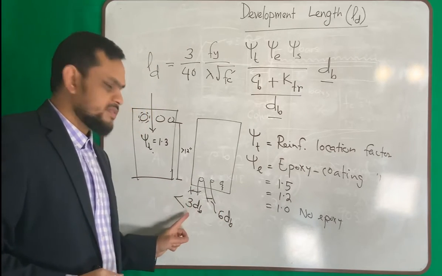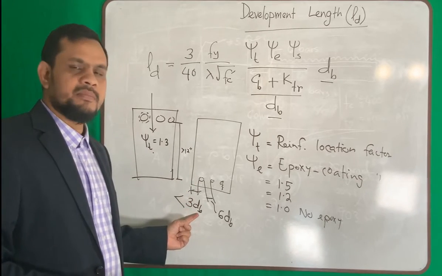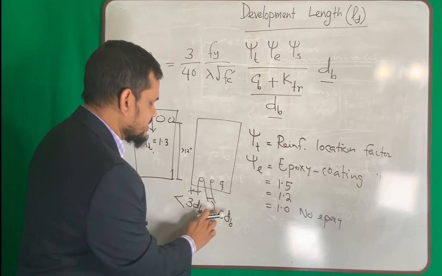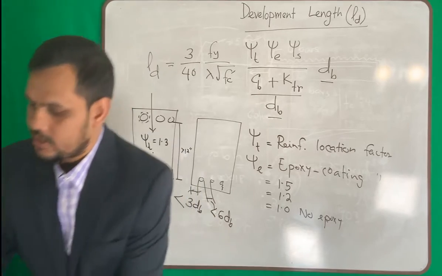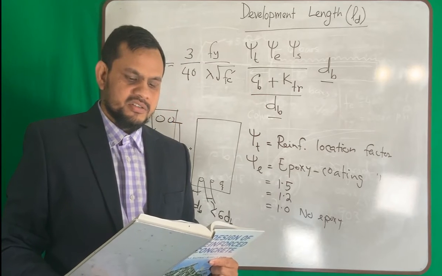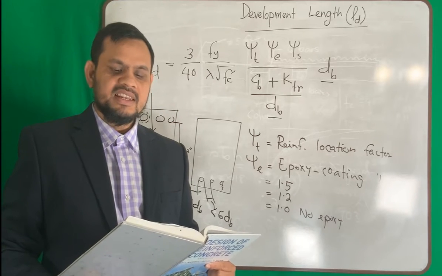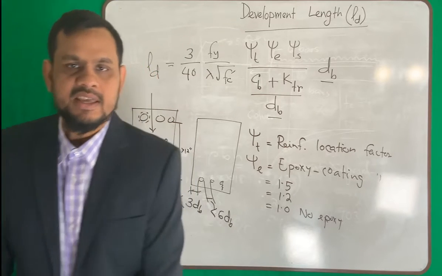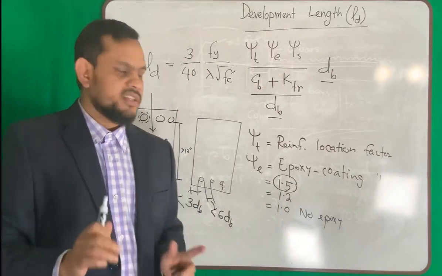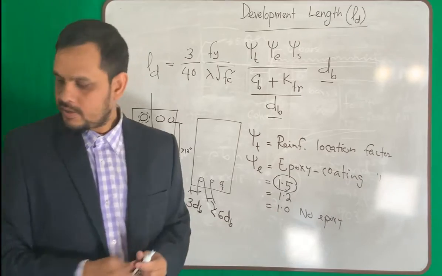So if the clear cover is less than 3 times the bar diameter, or the clear spacing between bars is less than 6 times the bar diameter. Yes, I'm reading your book. It is the same thing. That means epoxy coated bars or wires with cover less than 3 times bar diameter or clear spacing less than 6 times bar diameter. In that case, it is 1.5. If this is not the case, then 1.2. If no epoxy, then 1, or discard it.